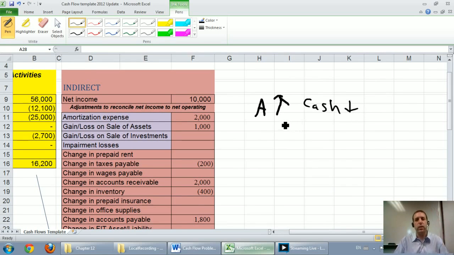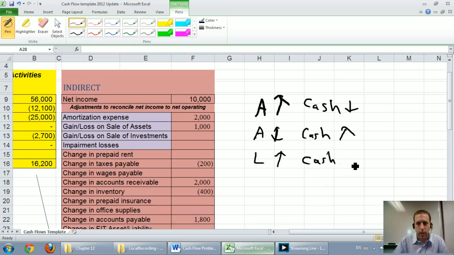So if I have an asset going up, cash goes down. This is for all those change in taxes payable, change in accounts receivable. If I have an asset going down, cash goes up. If I have a liability going up, cash goes up. If I have a liability going down, cash goes down.